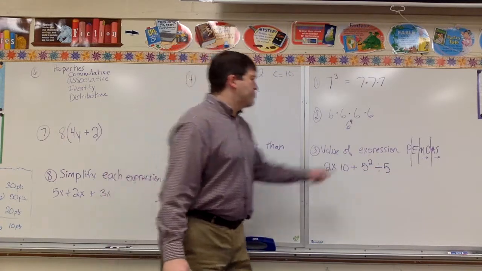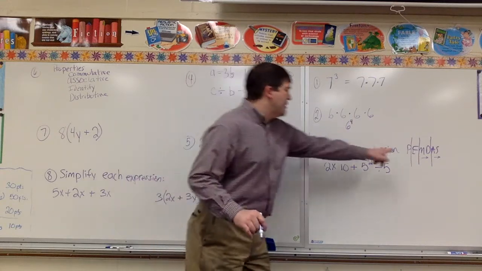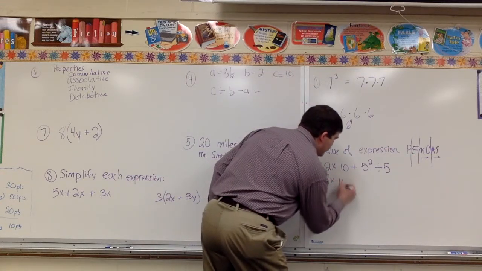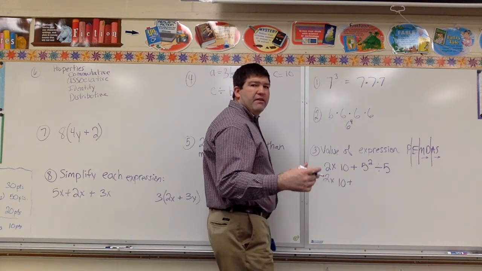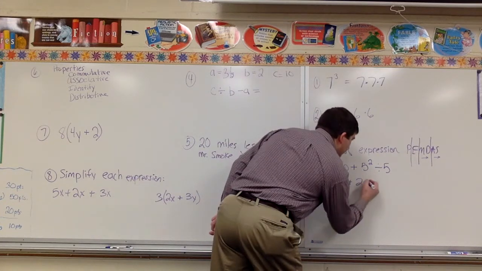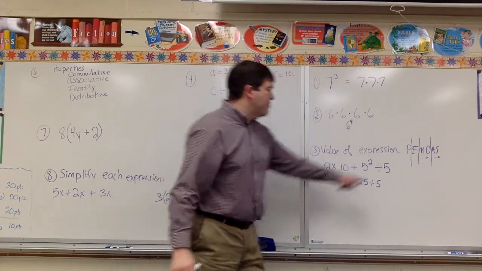First thing I want to do is parentheses. I don't see any, so I can move on. Exponents. I see one. 5 to the second power, or 5 squared, is 5 times 5, which is 25, divided by 5. Okay, so I'm done with my E.